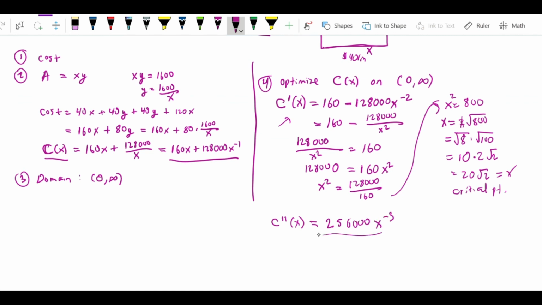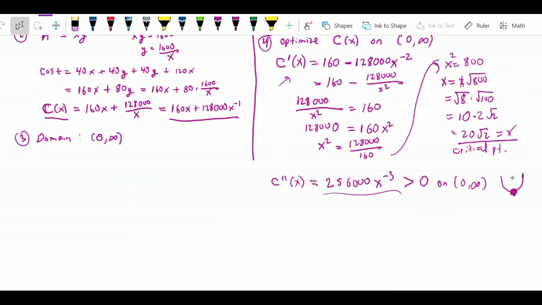For any positive number x, if I multiply it by positive 256,000, I get a positive number. So this is always going to be greater than 0 on the domain 0 to infinity. That means the function is always concave up, and any critical point is sitting at the bottom of a concave up function. So we have verified that x equals 20 root 2 does give the minimum value.